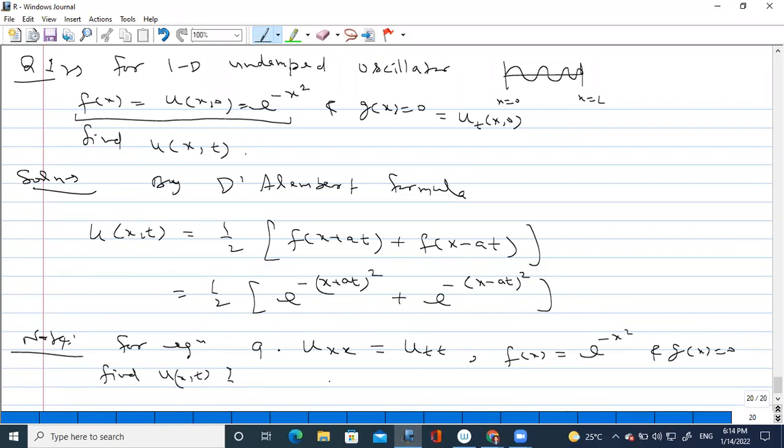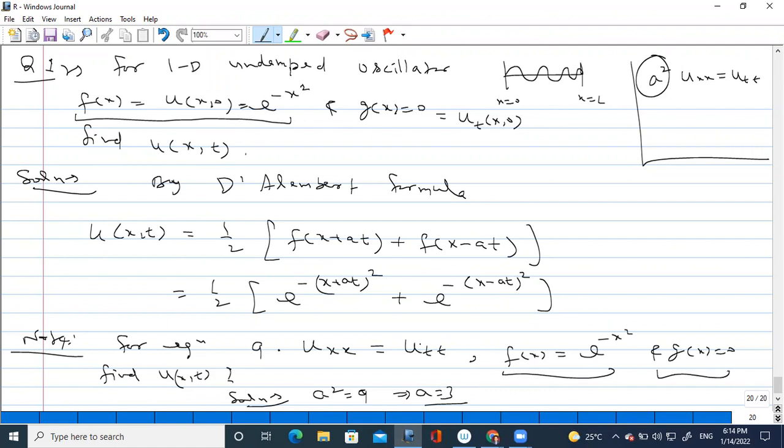So what you will do, everything is same. Now this equation, my general form of equation is a square u_xx equals u_tt. So you can compare this. Here a square is equal to 9. This implies a is equal to 3. Because f(x) is given, g(x) is 0, everything will be same.